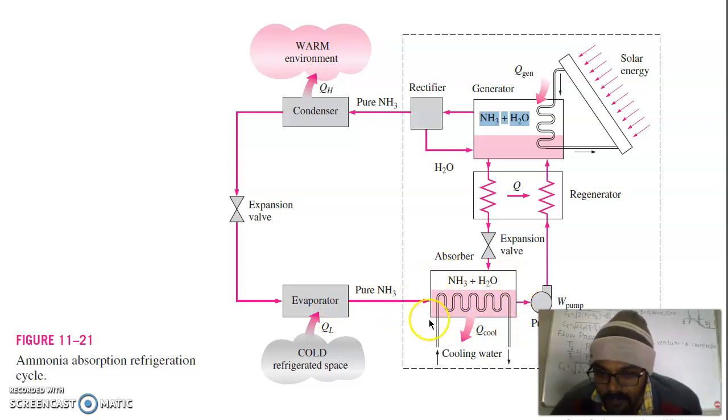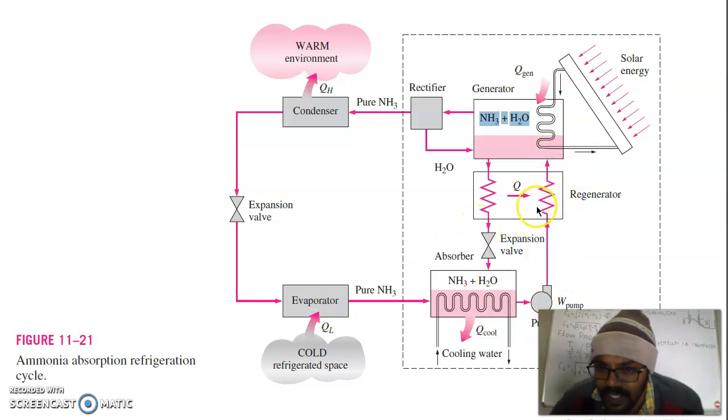Now the absorber is a component where this ammonia is absorbed back into water. During the absorption process, as we know, a lot of heat is released in the absorber. This heat is taken by the cooling water which is circulated through the absorber. This ammonia and water mixture now goes to the pump. The pump again supplies this ammonia to the generator.